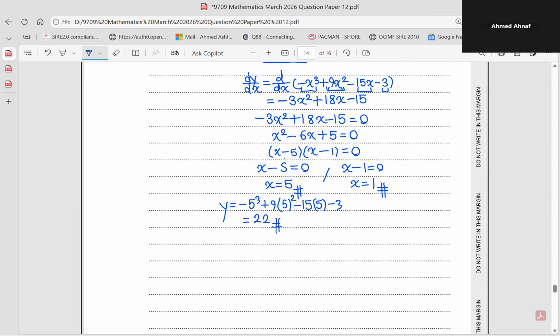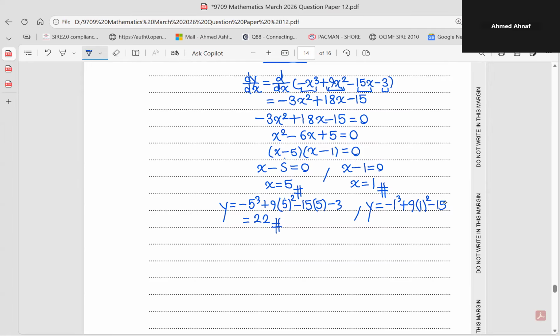And then for the second one, y equals minus 1 cubed plus 9 times 1 squared minus 15 times 1 minus 3, and you would get minus 10.